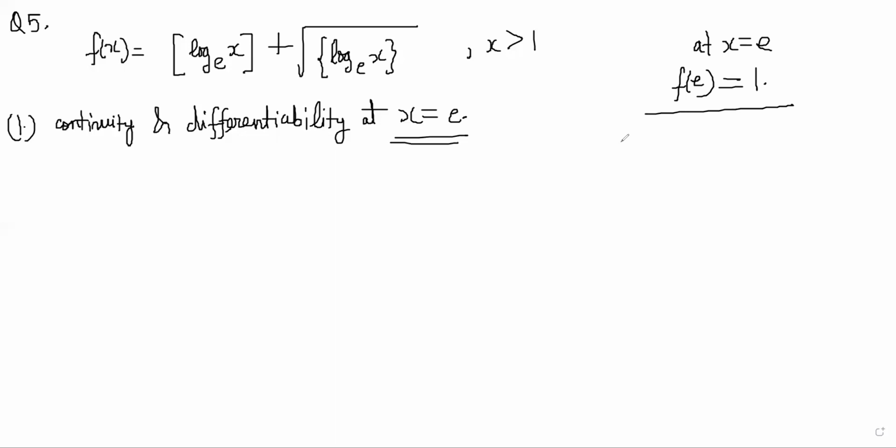So for continuity, what do you have to check? RHL and LHL at e, right?